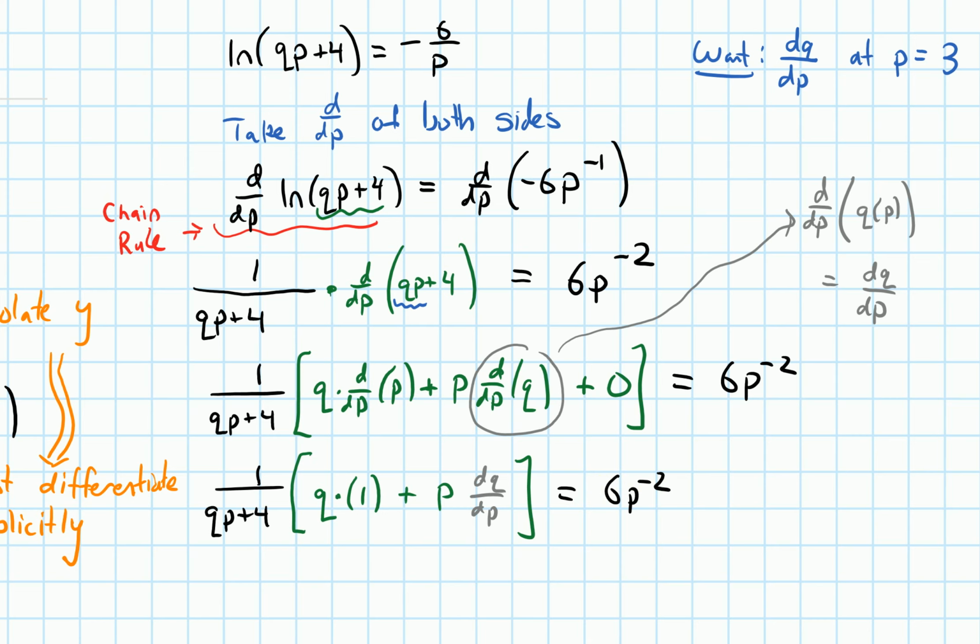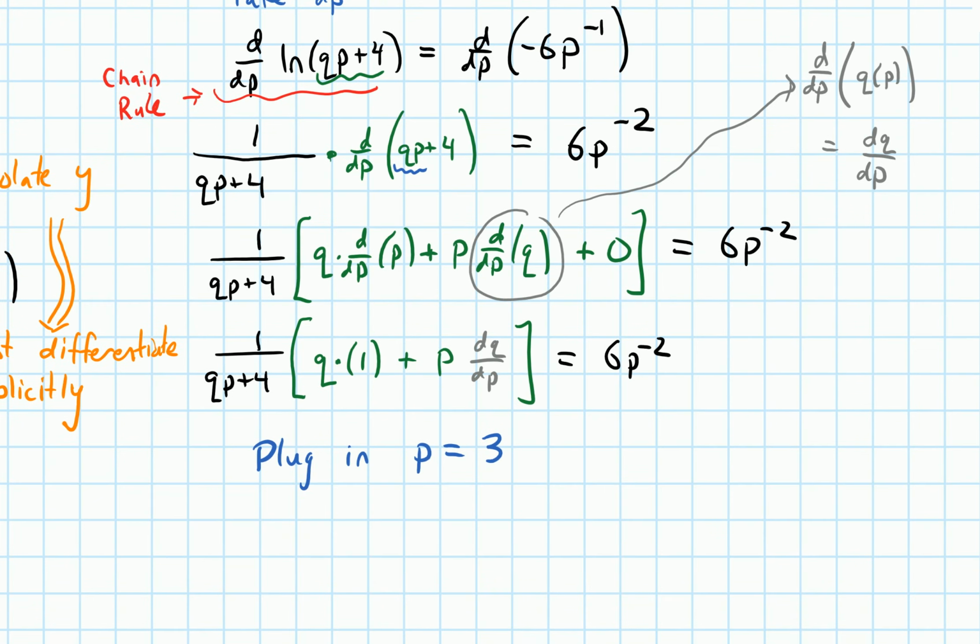All right, so now we have taken the derivative successfully on both sides. Once we do that, this is typically the point where we plug in our point. So the point, remember, was p equals 3. Let's take that and plug it in. Remember, we wait until after we take the derivative to plug in the point.